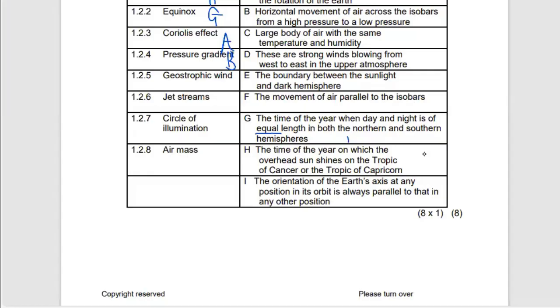Right, we move on to the next question, which is number 1.2.5. It talks about a geostrophic wind. Remember, a geostrophic wind is realized when there is a balance between pressure gradient force and Coriolis effect. When those two come into a state of balance, they produce what we call a geostrophic wind.